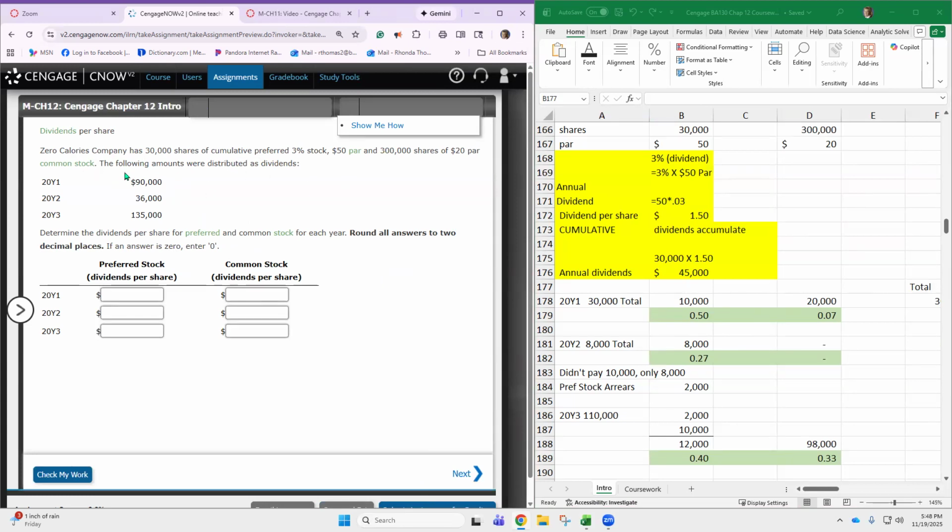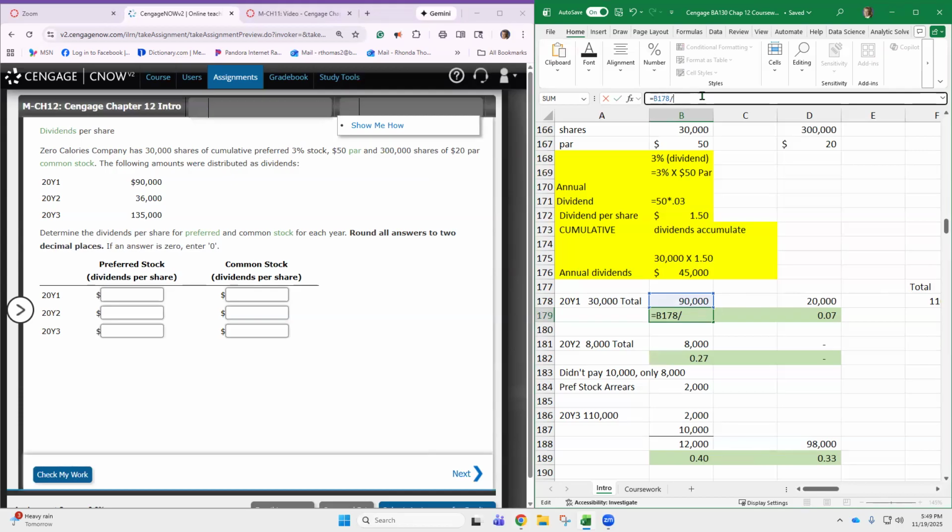Here are the amounts that this company is deciding to distribute as dividends to their shareholders, right? So I'm going to put down how much is going out in year one. Year one is $90,000. Well, that's enough to pay out the 45,000, right?